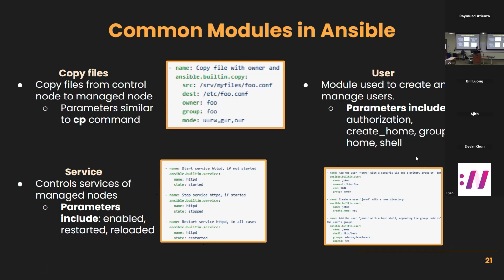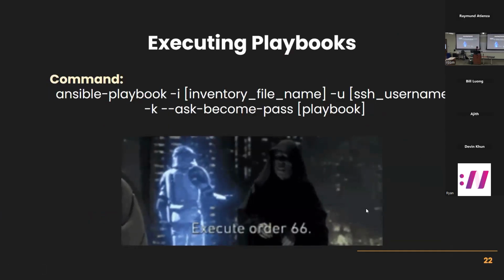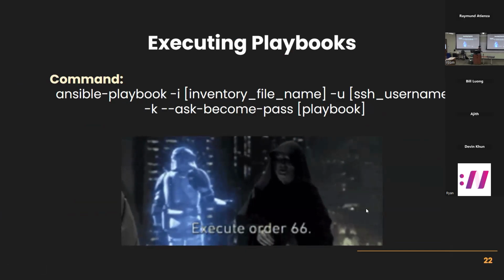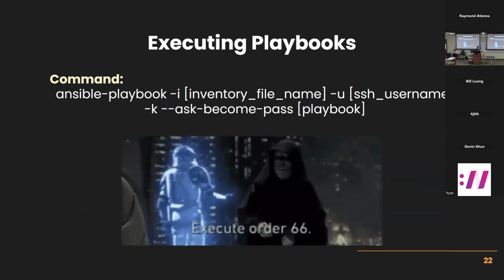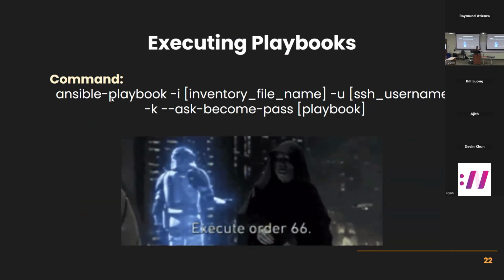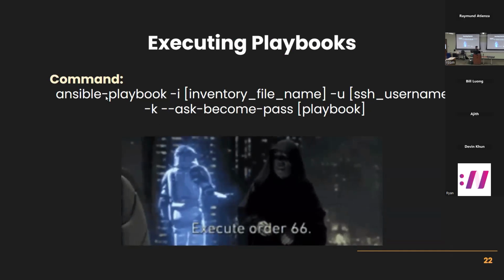And then you can create users or manage them. Right here, you can see that John Doe is being created. You can set a UID, which is a user ID, on it, and give it admin privileges and all that stuff. After you write out your playbooks, this is how you can execute them.